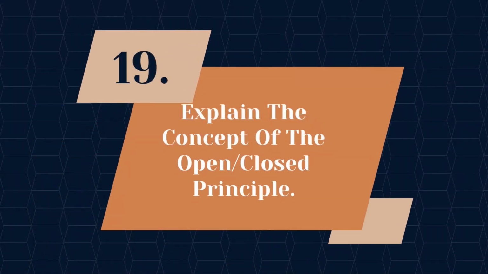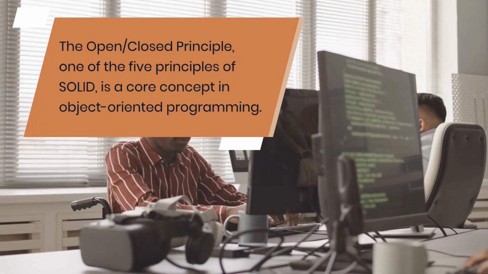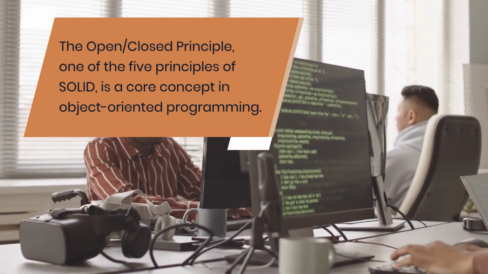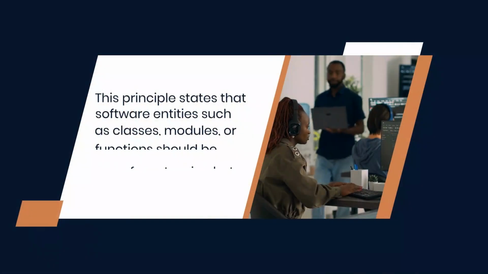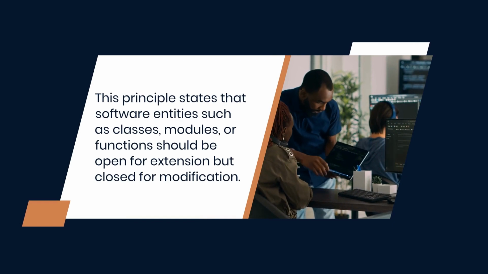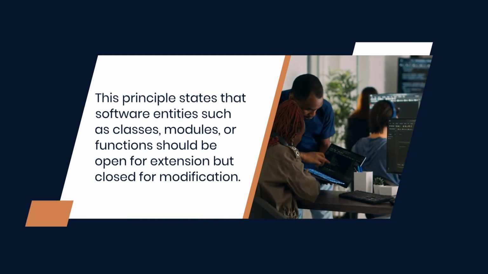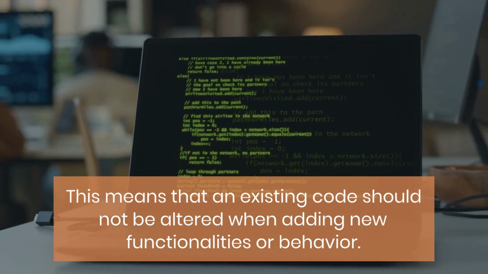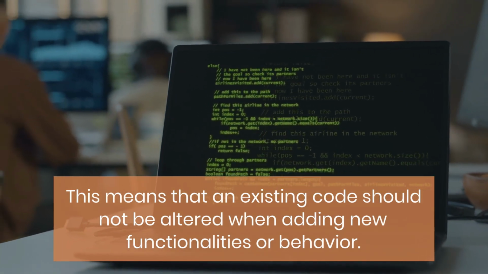19. Explain the concept of the open-closed principle. The open-closed principle, one of the 5 principles of SOLID, is a core concept in object-oriented programming. This principle states that software entities such as classes, modules, or functions should be open for extension but closed for modification. This means that existing code should not be altered when adding new functionalities or behavior.